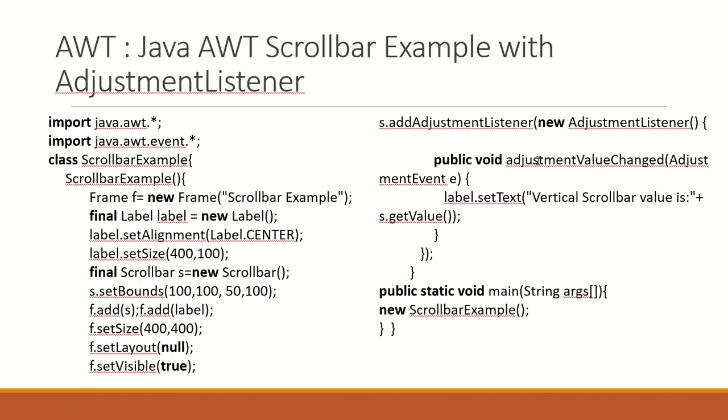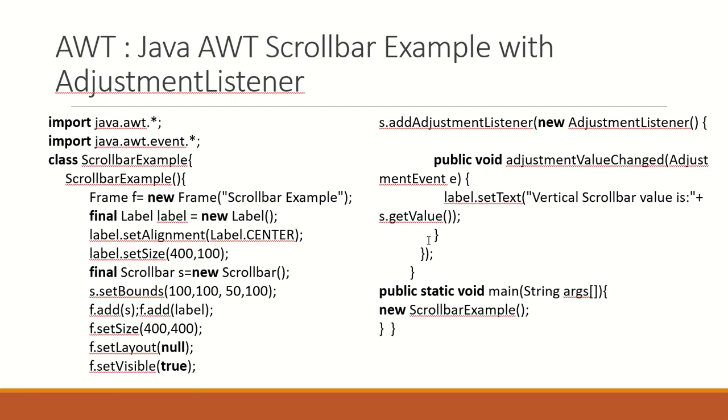The adjustment listener is accepting an adjustment listener object, and inside that you have a method called adjustment value changed, which means there is a change in the current value of the cursor position. In that case, you set the text of the label to say the vertical scroll bar value is, and you use the getValue method available in the scroll bar class, which returns the current position of the scroll bar cursor.